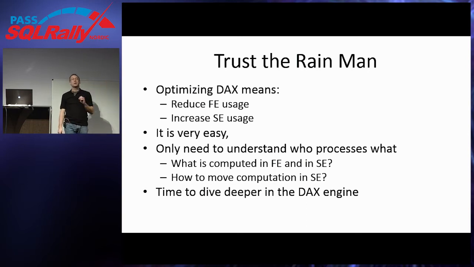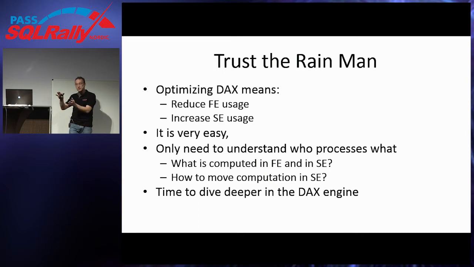Whenever you hit formula engine, you have the one core limitation, you have a slower engine, you have a lower cache usage, you have a lot of issues when you use formula engine. On the other hand, when you use storage engine, you have many cores, you have full cache, you have a faster engine. So optimizing DAX, the first step in optimizing any DAX query is always take the execution plan from the formula engine and move it to the storage engine.